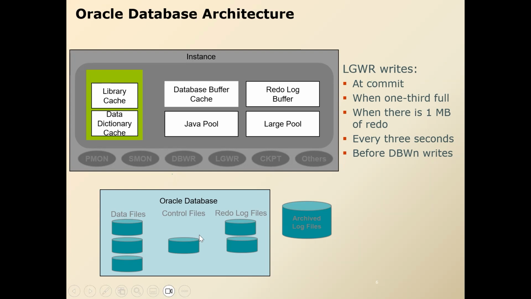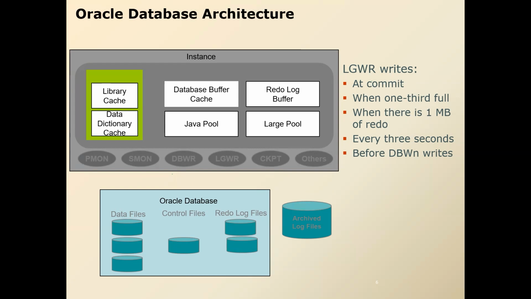Different background processes are pmon, smon, database writer, which is called dbwr. Then you have log writer, which is called lgwr. Then you have checkpoint. This is database checkpoint we are talking about, because we are talking about database architecture.